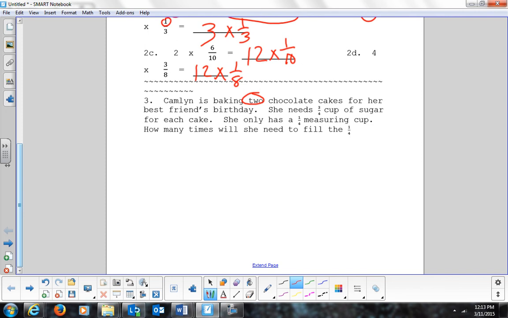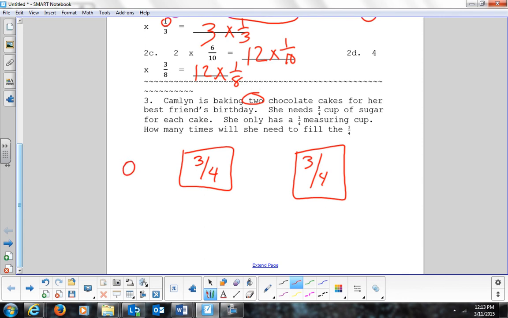Okay, so I'm going to draw myself some cakes. 2 of them. Square. I like square cakes. Okay, and she needs how much sugar for each cake? 3/4 for each cake. But I only have this small little 1/4 cup.